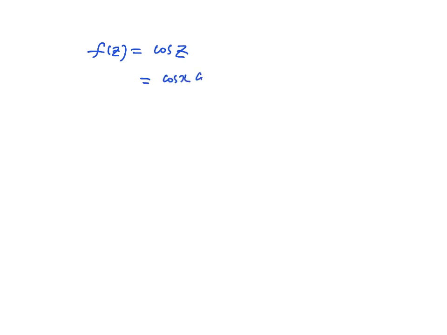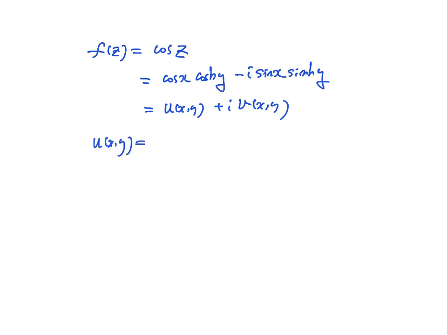Cosine x cosine hyperbolic y minus i sine x sine hyperbolic y, right? So u(x, y) plus i v(x, y). So u(x, y) is cosine x cosine hyperbolic y, v(x, y) is minus sine x sine hyperbolic y.